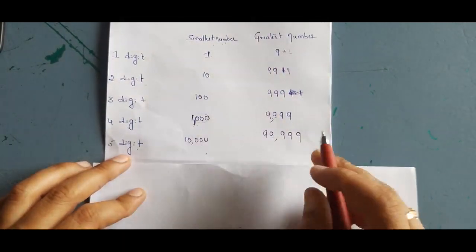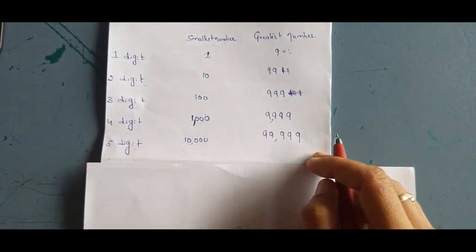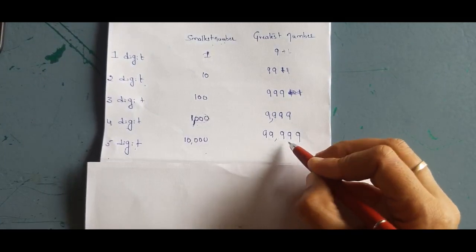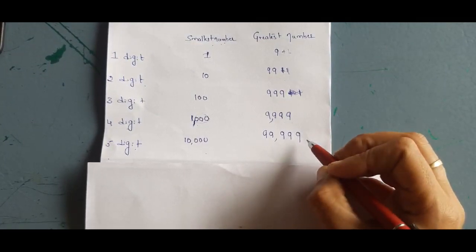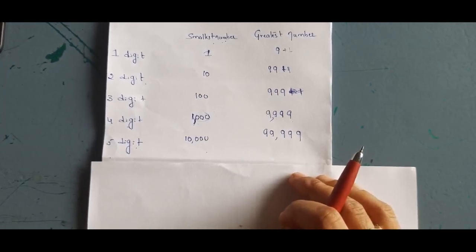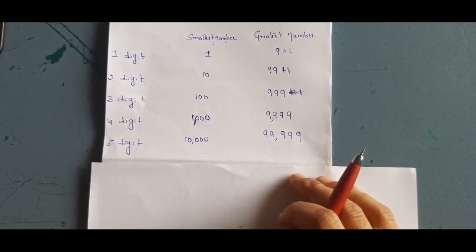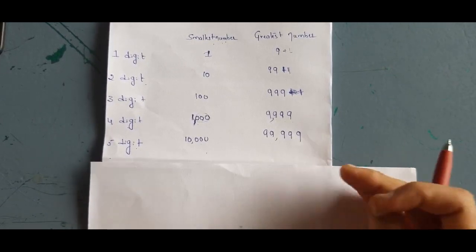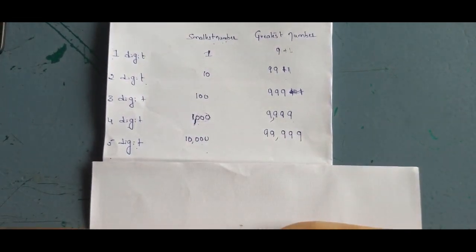Next, the largest 5-digit number is 99,999. Students, remember when to insert commas: after finishing every period, we have to insert a comma.